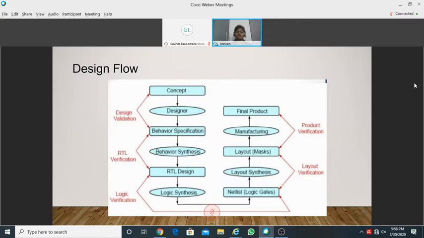It's like a standard flow. But at every point you see there is a verification which has to clearly show that the intent at the first step to the intent at the last step is met. Okay, so that is the idea of total verification here.